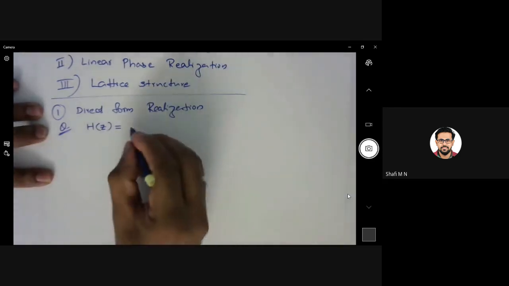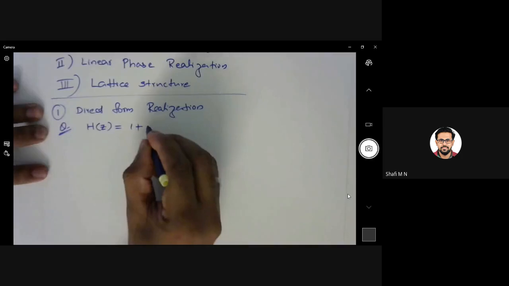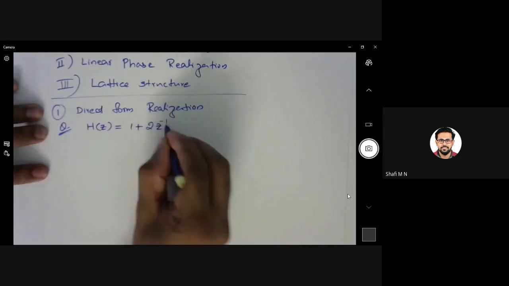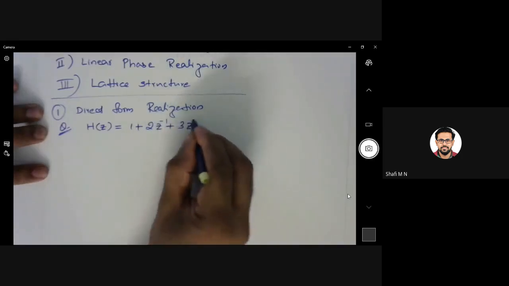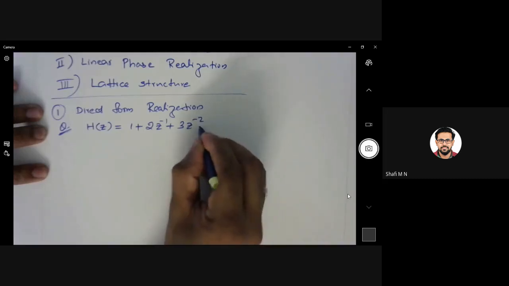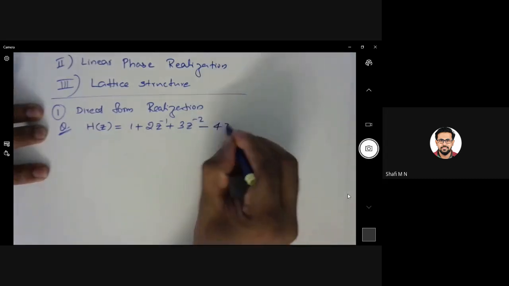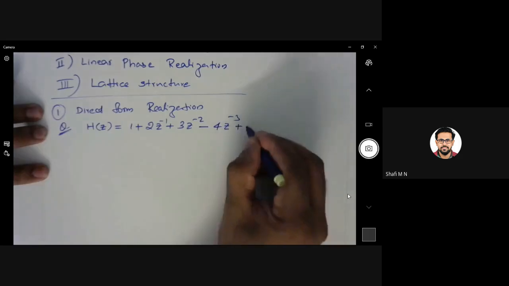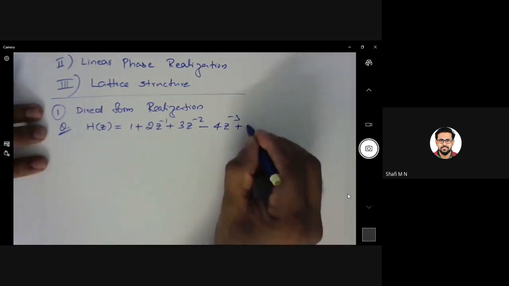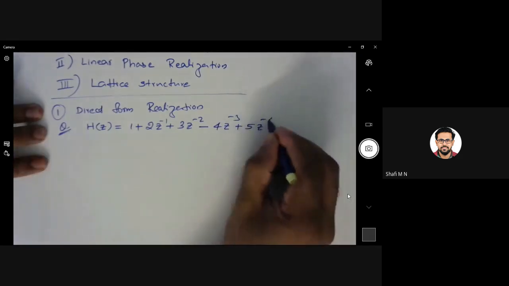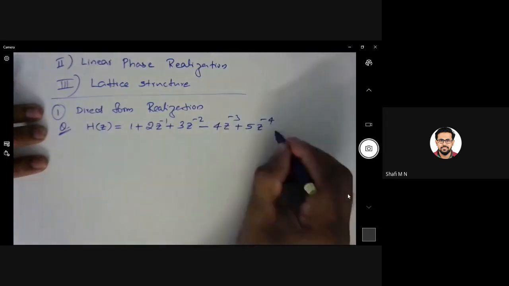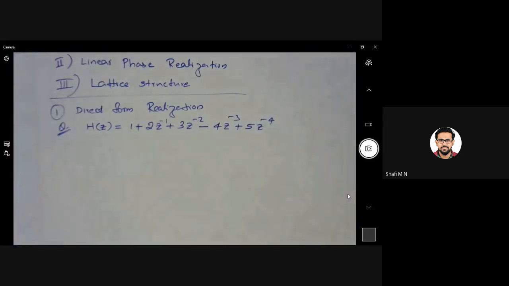to, say, 1 plus 2 z raised to minus 1 plus 3 z raised to minus 2, then let it be minus 4 z raised to minus 3 plus whatever it is, 5 z raised to minus 4.